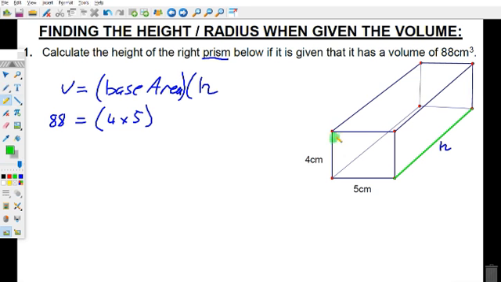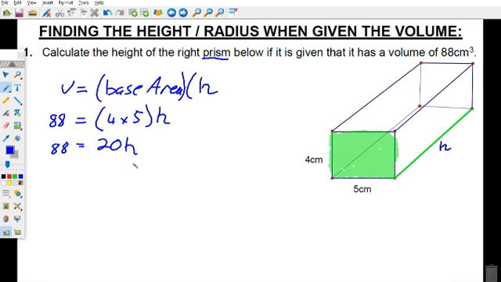You see here's the area, we're finding the area of this rectangle over here. So it's 4 times 5 multiplied then by my h, the missing value, what we're looking for. So we say 88 is equal to 20h.